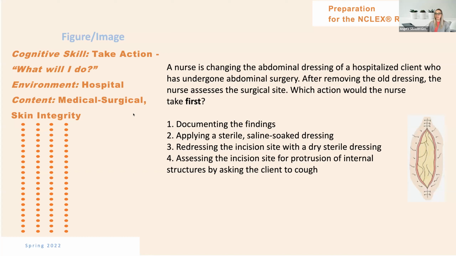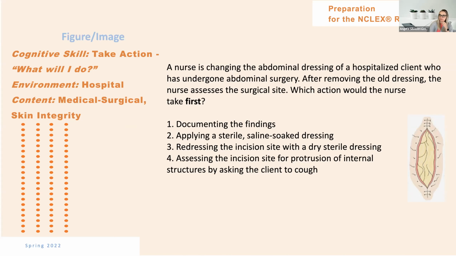But by asking the client to cough, you definitely don't want to do that in this case because it could cause that. So that is going to leave you then with option number 2. This is something that needs to be taken care of right away. And they are going to probably have to go back to the OR to have this closed up again and, you know, for further assessment too.